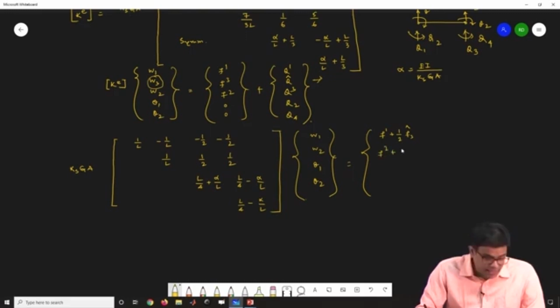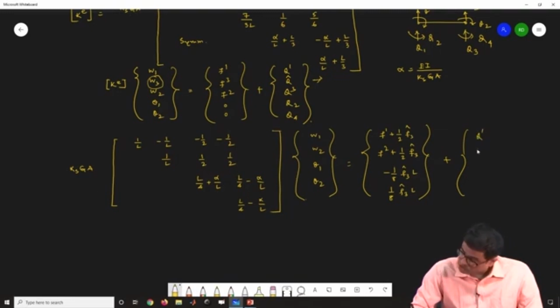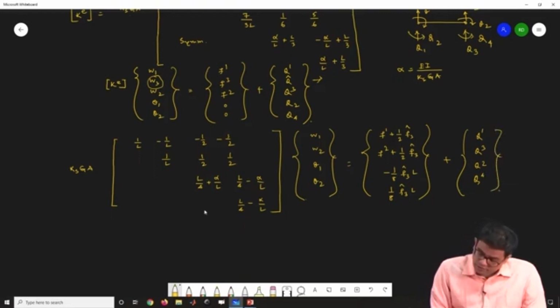Then F2 plus again half of F3 hat, and then minus 1 by 8 F3 L and plus 1 by 8 F3 hat L. Other terms will be very similar to the Euler-Bernoulli beam, that is Q1, Q3, Q2 and Q4.